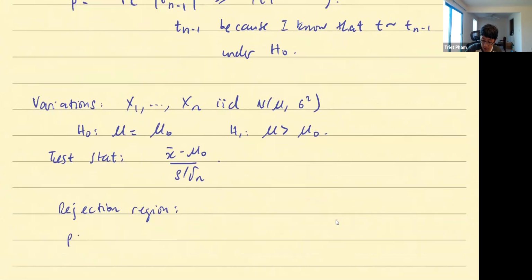And what will be my p-value? Can anyone tell me? So this is the rejection region, definitely of size alpha. That's always the implication. What is the rejection region in this case?